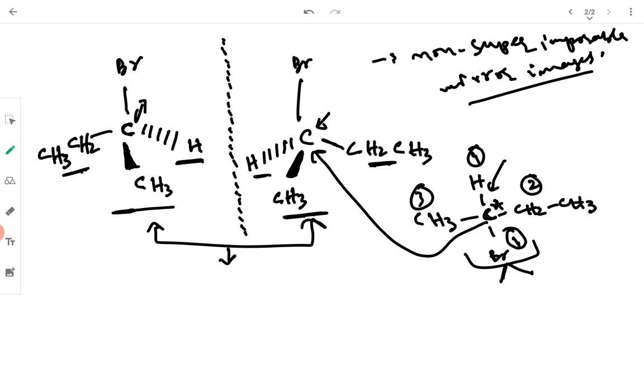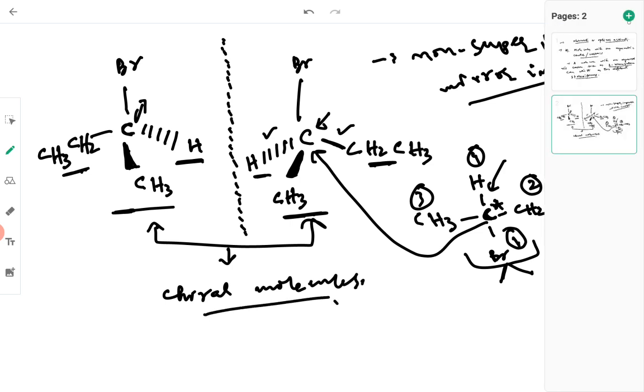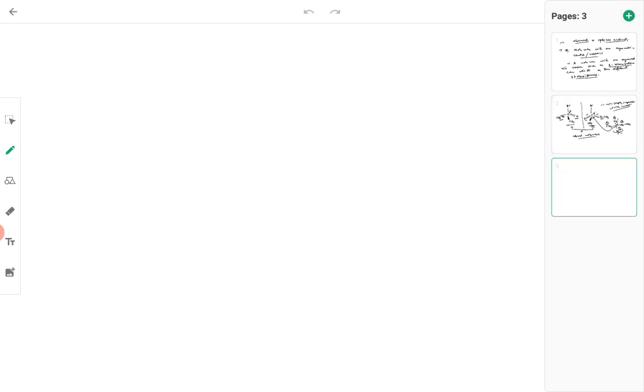We have to break this bond and this bond in order to exchange their positions. So such molecules are known as chiral molecules. I will give you a 3D representation of this in another slide.